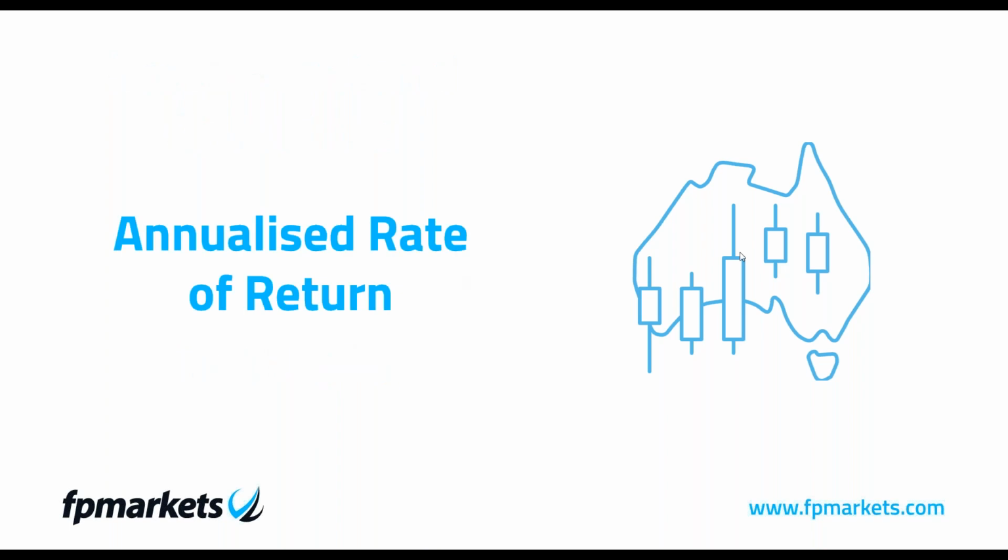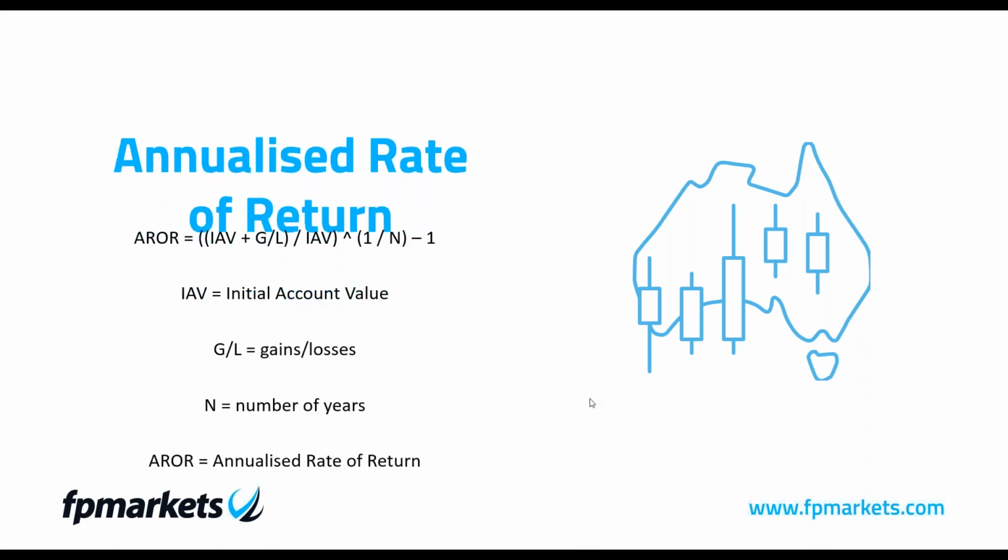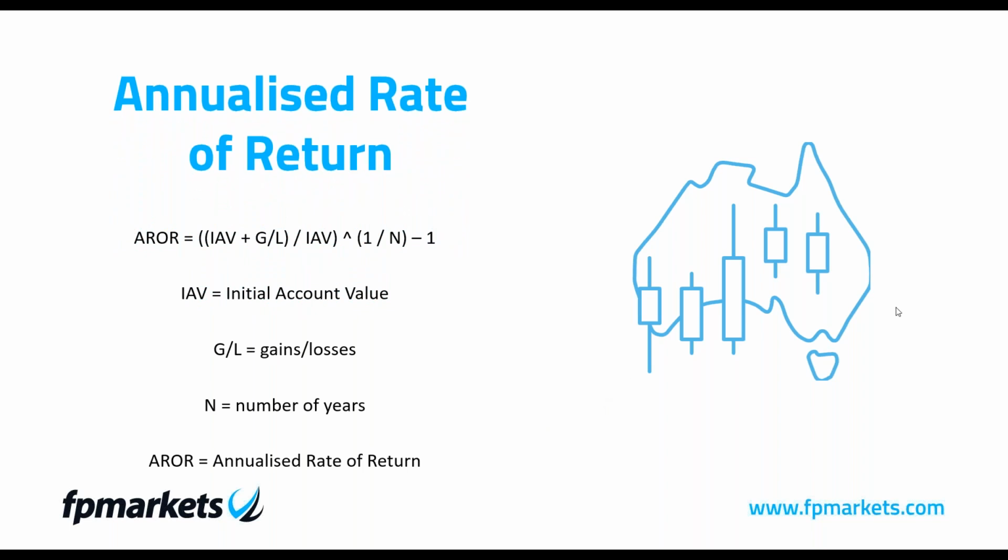Annualized rate of return. So look, another measure we have to acknowledge is the AROR, which includes compounded interest. Annualized returns are returns over a period that's scaled down to a 12-month setting, allowing us to compare returns over any period. So for the calculation, now don't freak out, this isn't that bad.